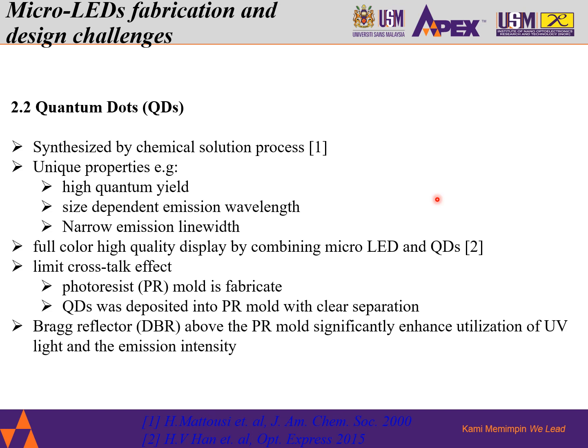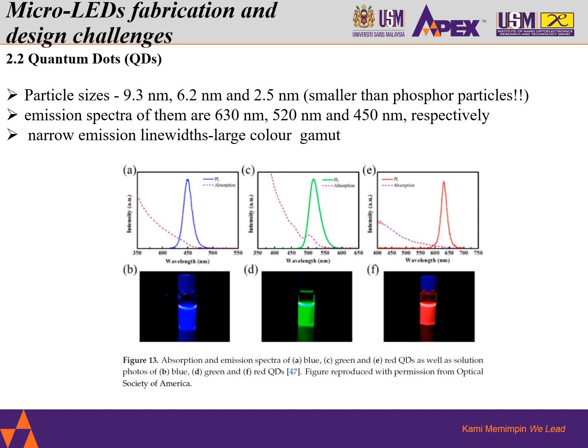The DBR Bragg reflector covered above the PR mold significantly enhanced the utilization of UV light and the emission intensity of RGB QDs. The particle sizes used for RGB quantum dots are 9.3, 6.2, and 2.5. This size of quantum dots is smaller than phosphor particles, and the emission spectra are 630, 520, and 450 respectively.